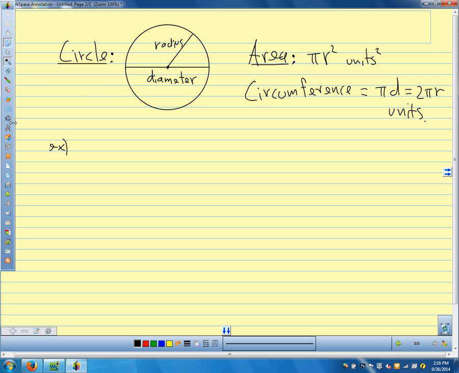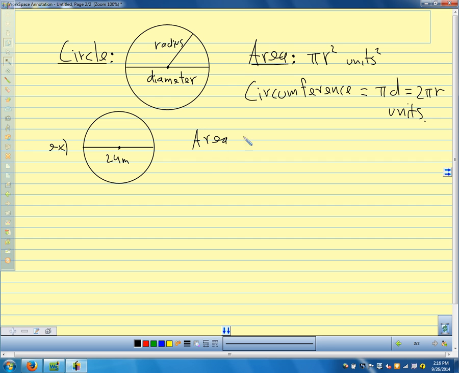Here's my circle. And I'm going to say this is 24 meters. And we want the area and circumference.